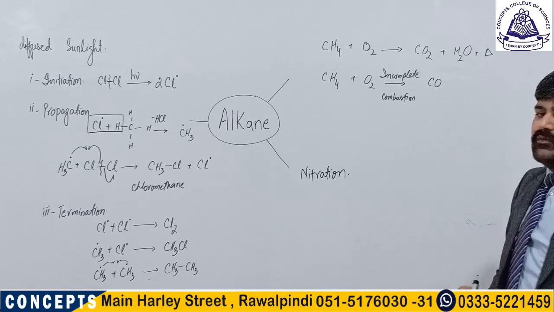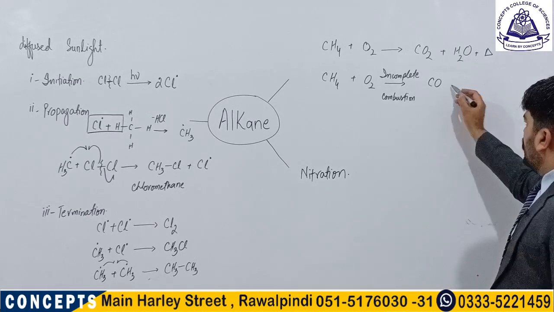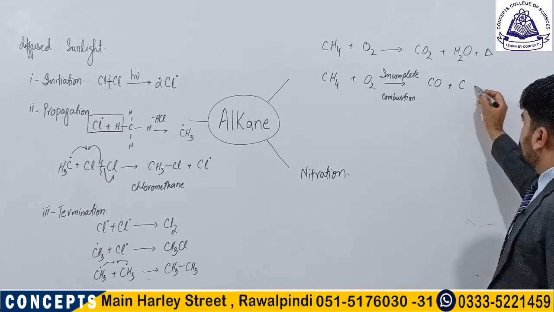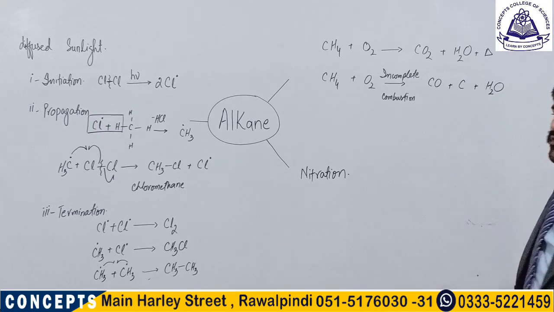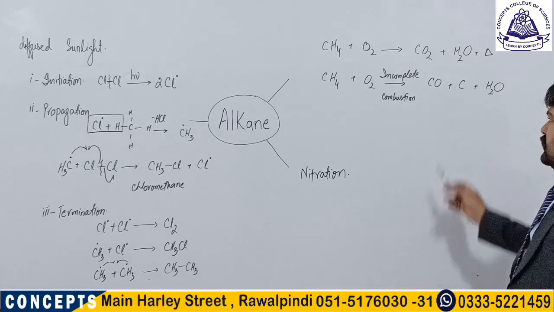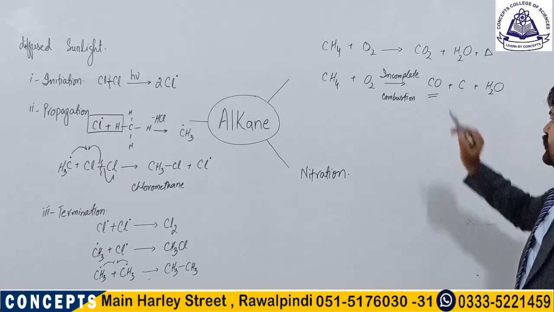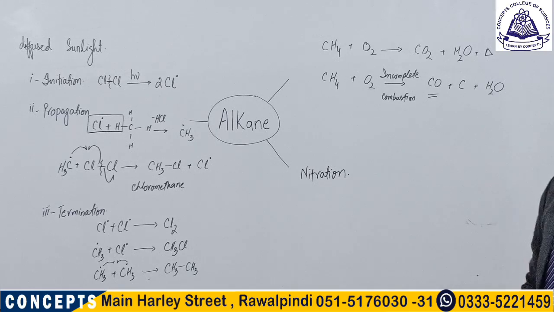One of them is carbon monoxide, another one is carbon particles, and the last one is water. This second type produces a poisonous gas, carbon monoxide, that usually causes suffocation and lung disorders.